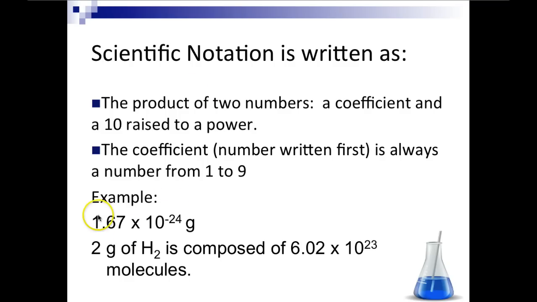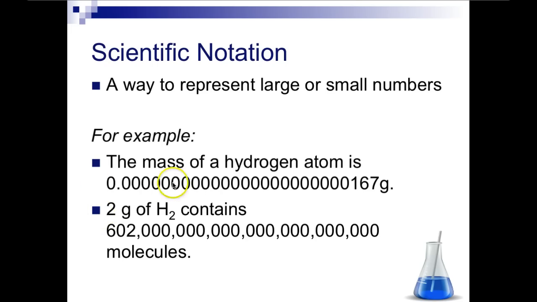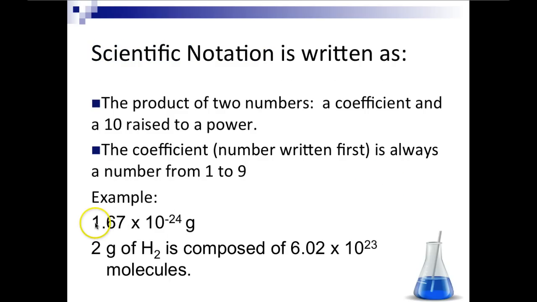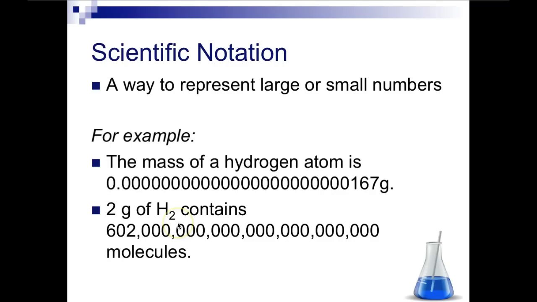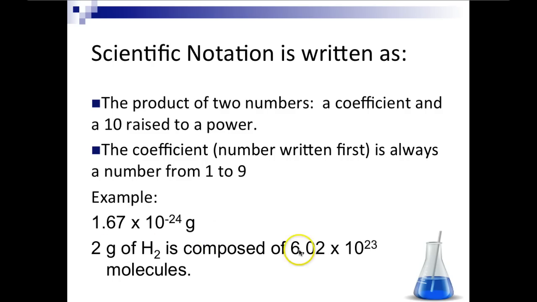So for example, if we were to take this big long number and write it in scientific notation, we would have to have a coefficient, which would be the 1.6, times 10 to a power. The power is minus 24. If we were to take this huge number and convert it into scientific notation, we would have 6.02 as the coefficient times 10 raised to that power.